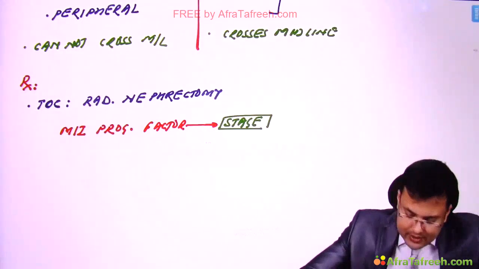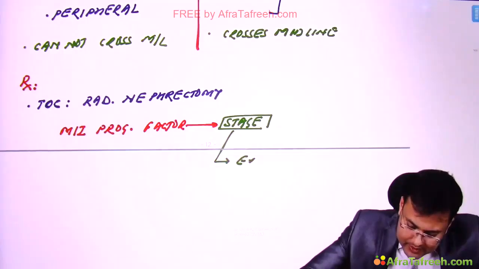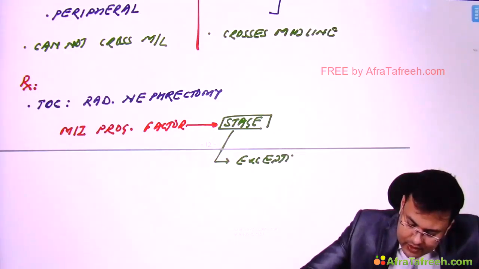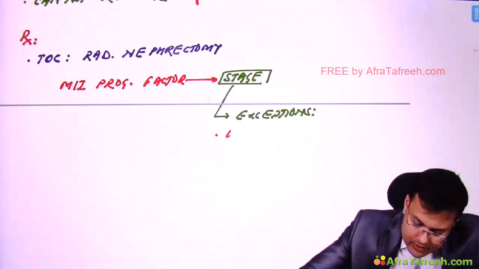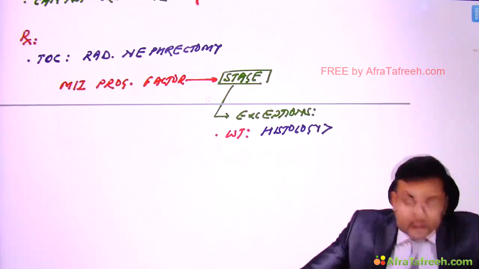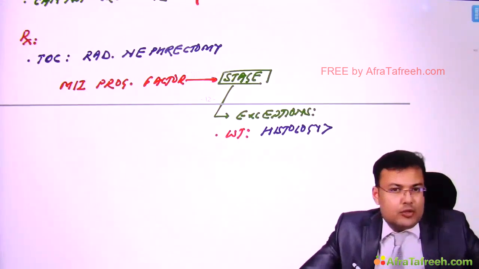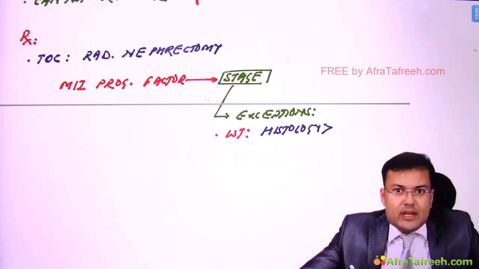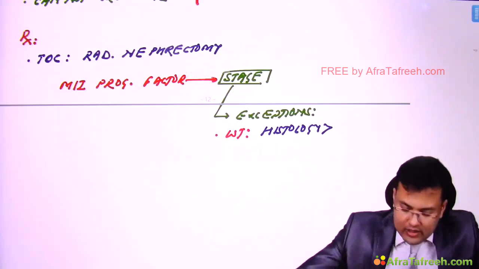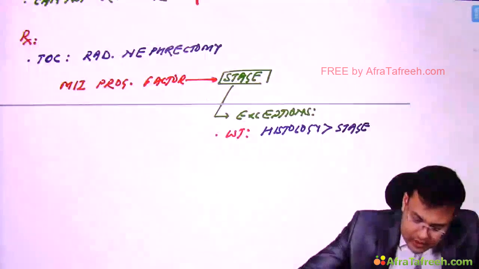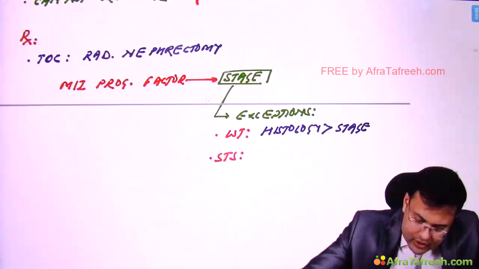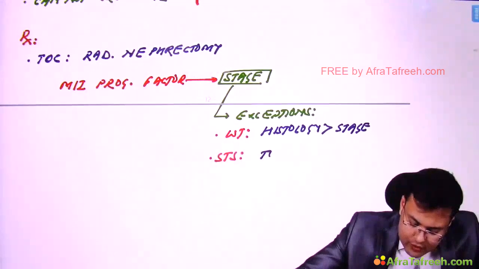So what are the exceptions? First is Wilms tumor. In Wilms tumor, it is histology followed by stage. In certain pathology books, stage is given as the most important prognostic factor in Wilms tumor, but in Campbell urology, it's the histology. So it's the histology followed by stage. And in soft tissue sarcoma, it's the tumor grade.